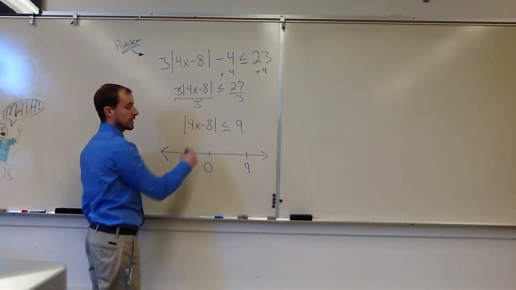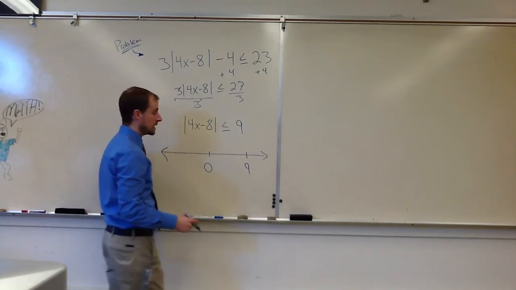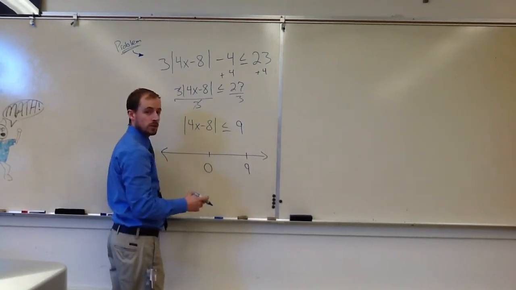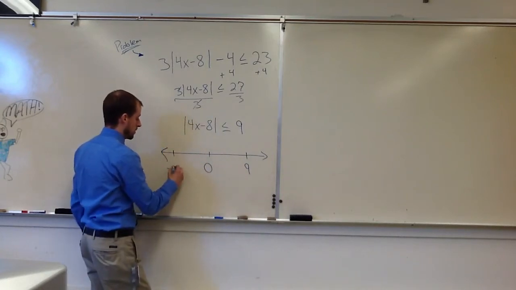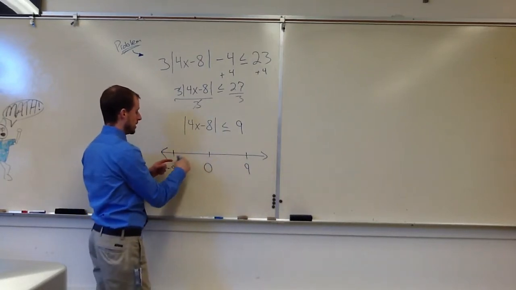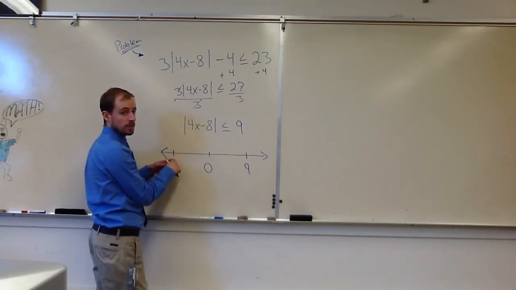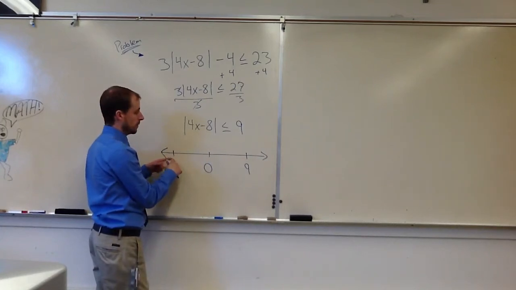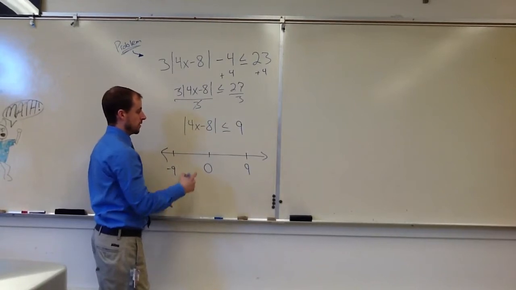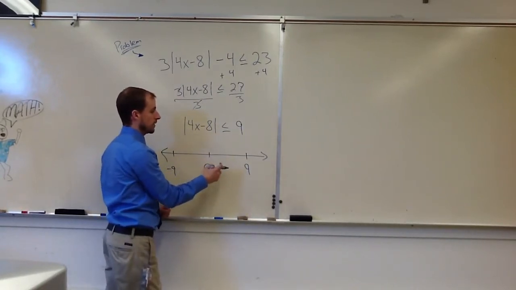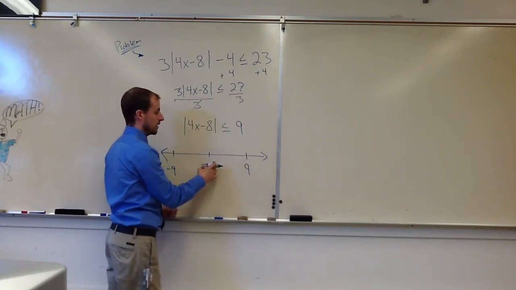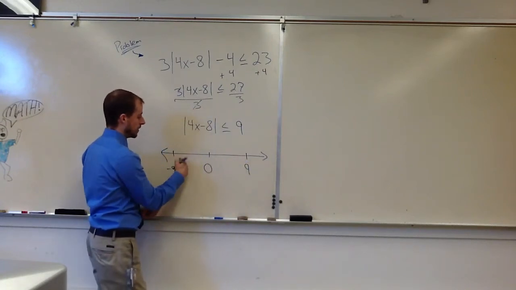So 4x minus 8, whatever that is, must be less than or equal to 9 away, and this is 9 away from 0 on the other side as well. But when we look at this, we're going to come up with two things. Either 4x minus 8 is less than or equal to 9, or it's somewhere in this region here.